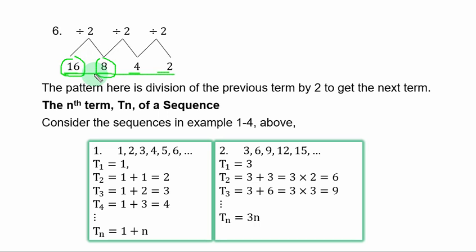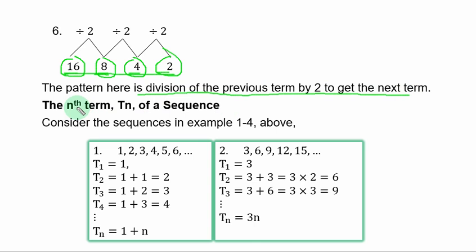If you divide the second term by 2, you have the third term. If you divide the third term by 2, you have the fourth term. Therefore, the pattern here is division of the previous term by 2 to get the next term.